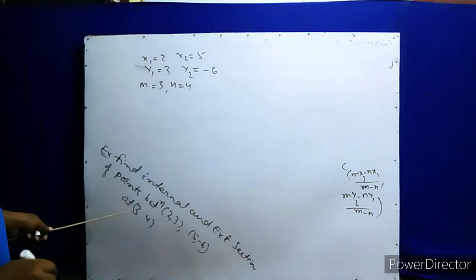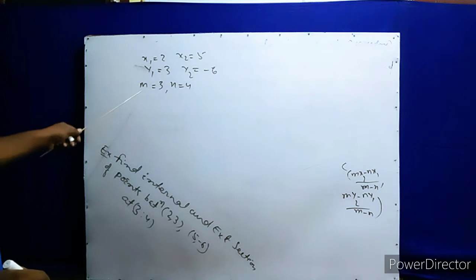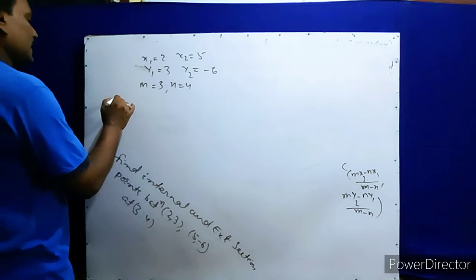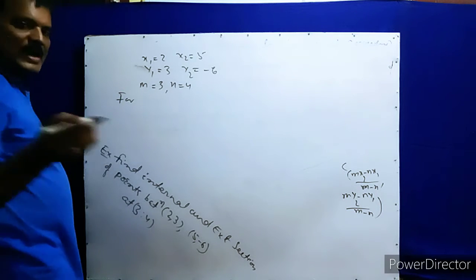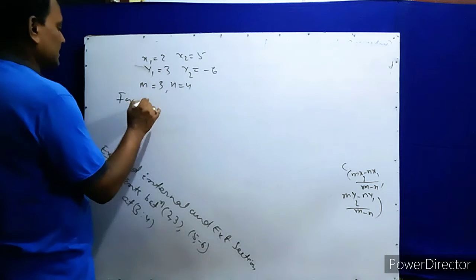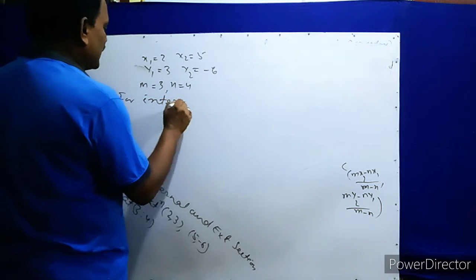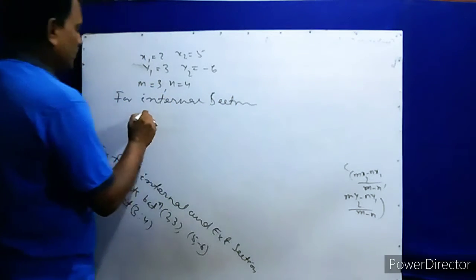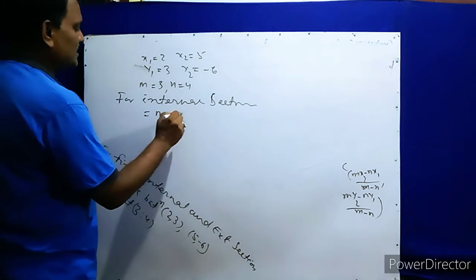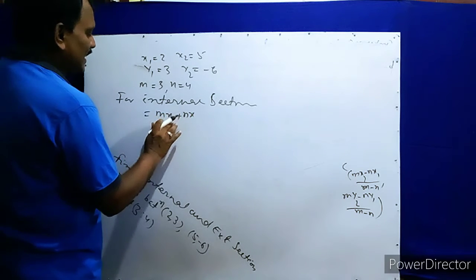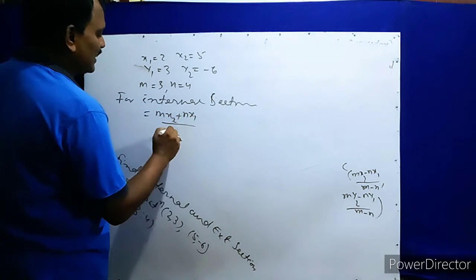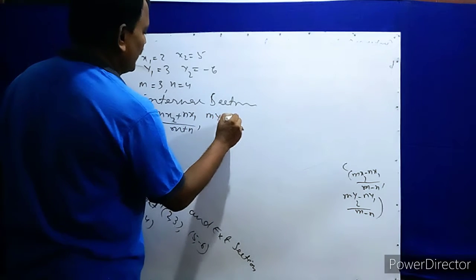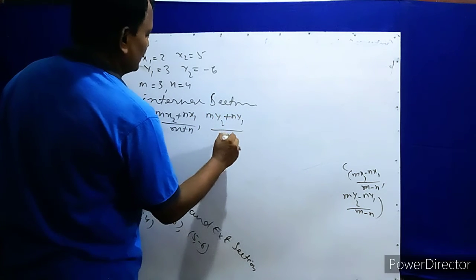The ratio 3 is to 4 means first you consider this as m and the second as n. For internal section, first of all we have to find the point. The formula is (m x2 plus n x1) by (m plus n). Similarly, (m y2 plus n y1) by (m plus n).